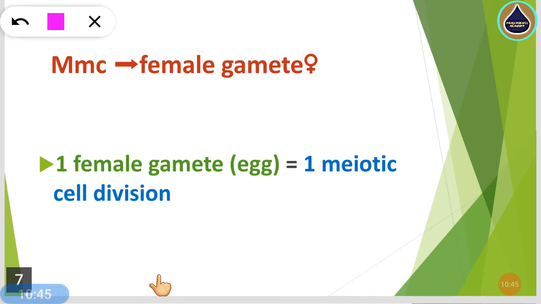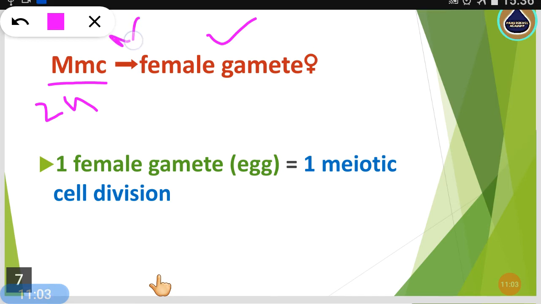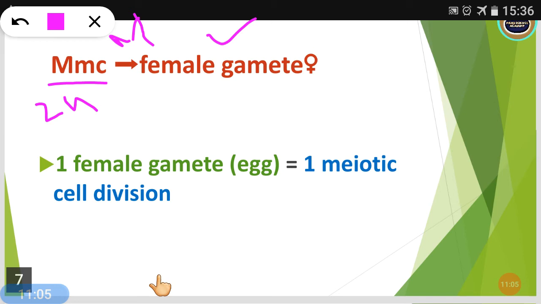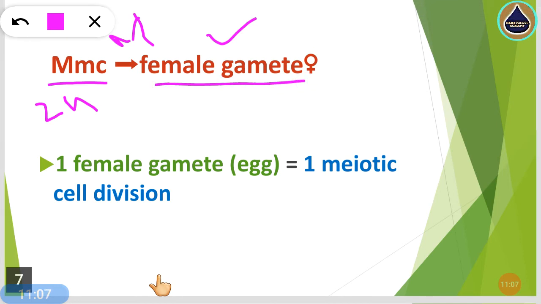Now we'll see the MMC, the megaspore mother cell. It is 2n or diploid in number, and it is needed for the formation of the female gamete. This megaspore mother cell, by the process of meiosis, converts into the female gamete.